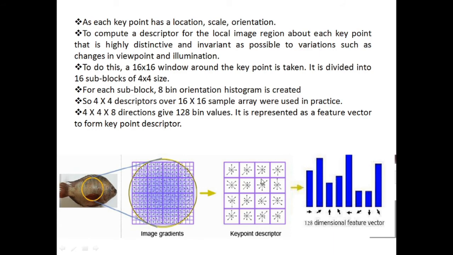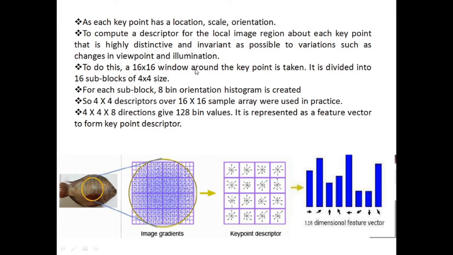So it is a 4 cross 4 descriptor. To do this, a 16 cross 16 window, 16 vertical and 16 horizontal. This is the region that is wrapping 16 cross 16 tiny cells.